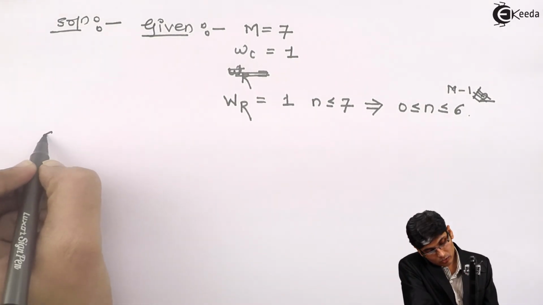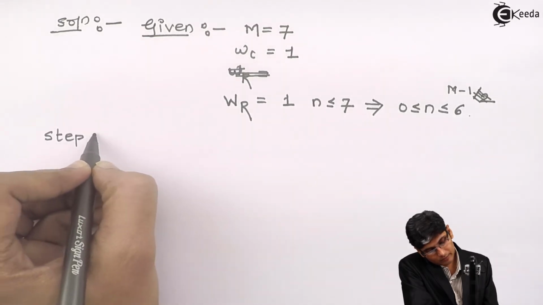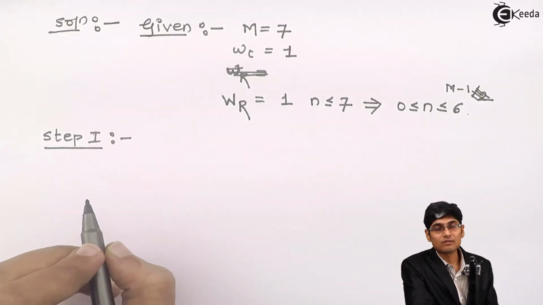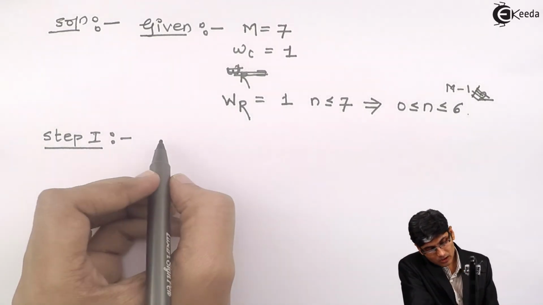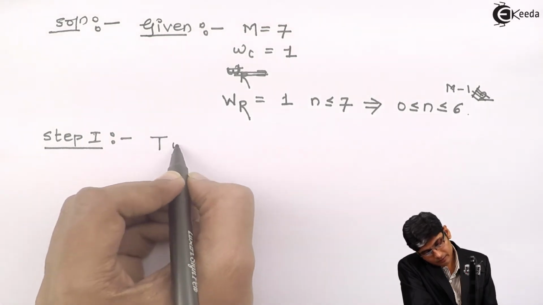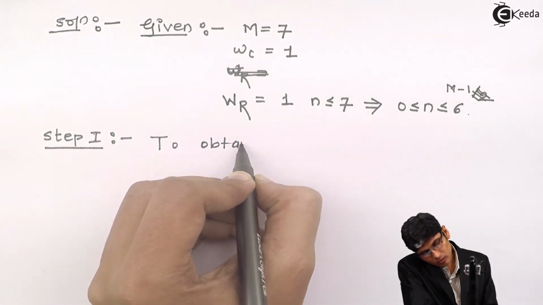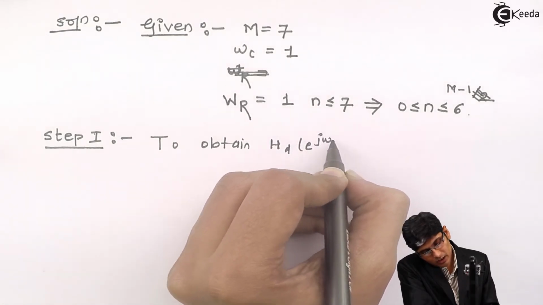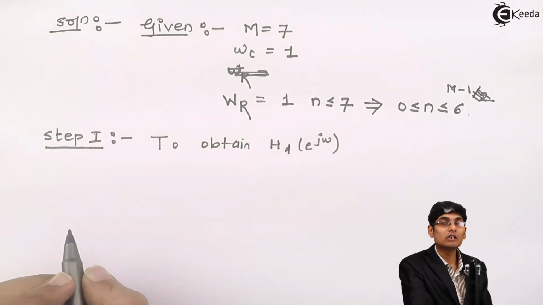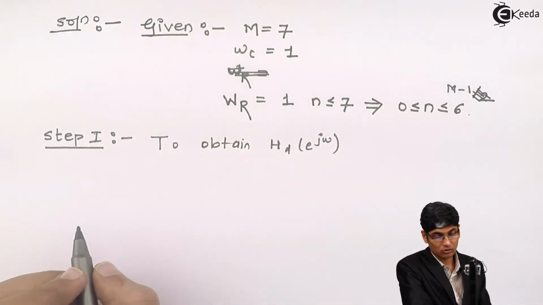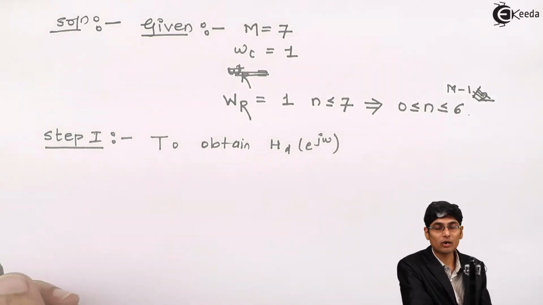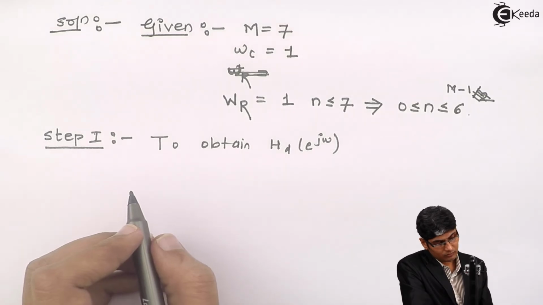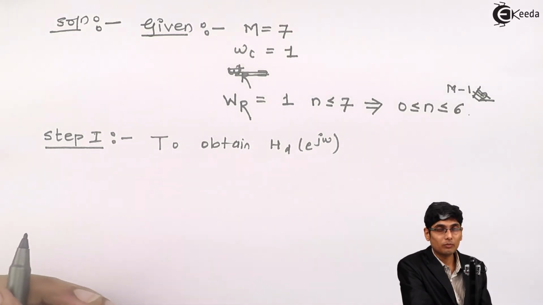Now let us go with step 1. In step 1, we need to build our transfer function, that is, to obtain Hd of e raised to j omega. We need to obtain this because it is not specified in the problem whether the filter is a high pass filter or a low pass filter.